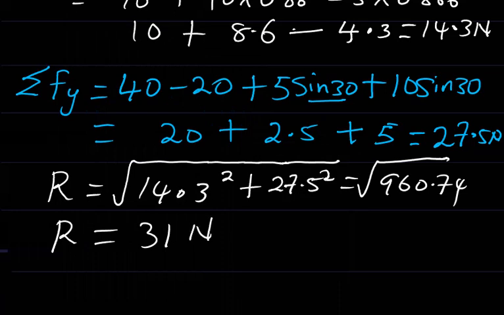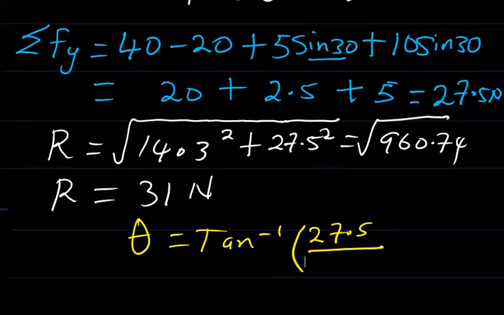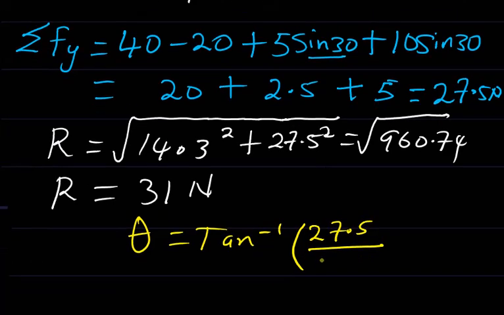Now, the direction of the resultant, theta, is gotten by solving the inverse tan of the vertical component, 27.5, divided by the horizontal component, which is 14.3.